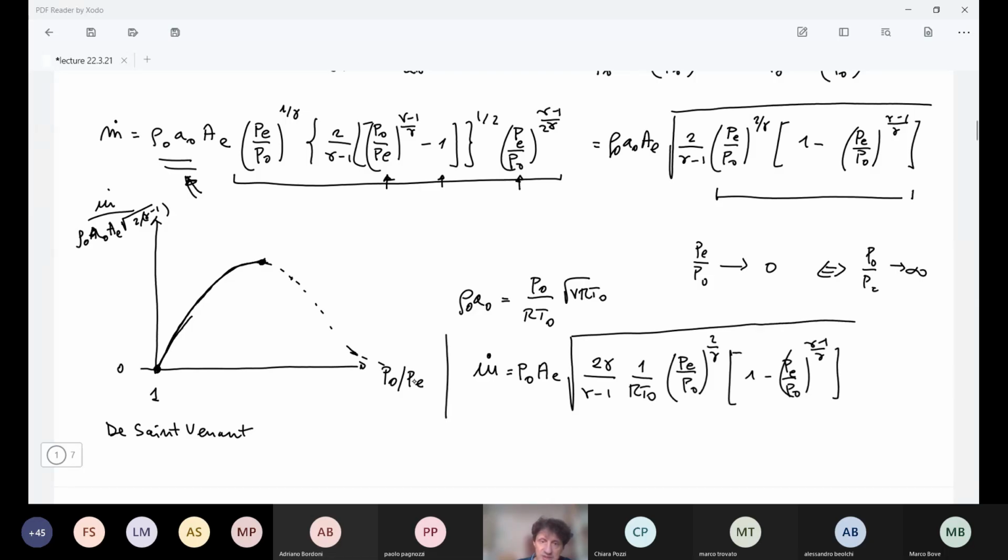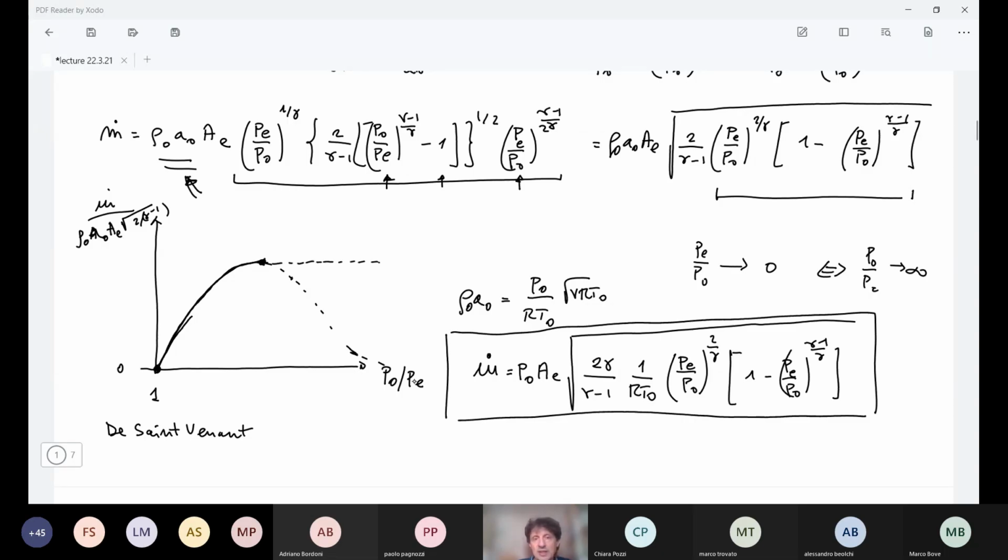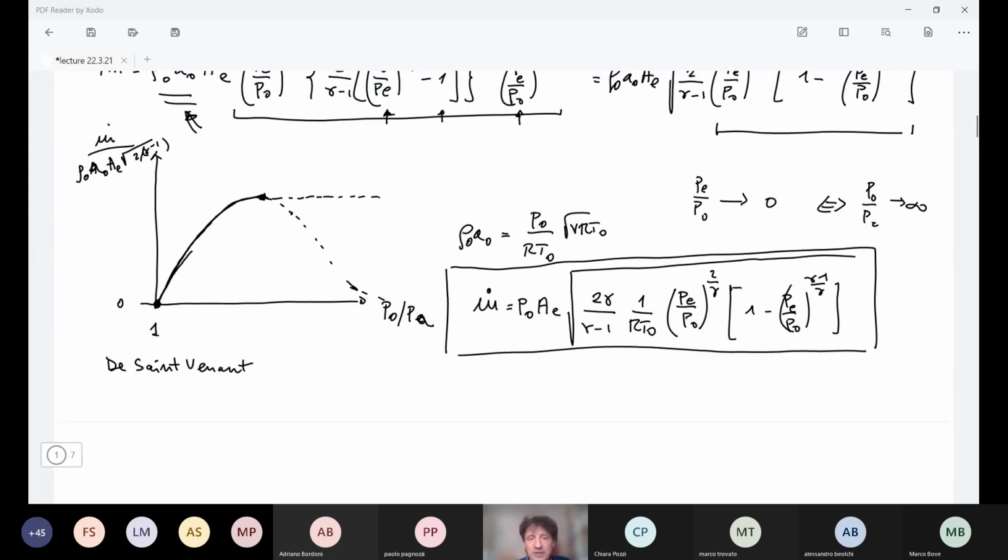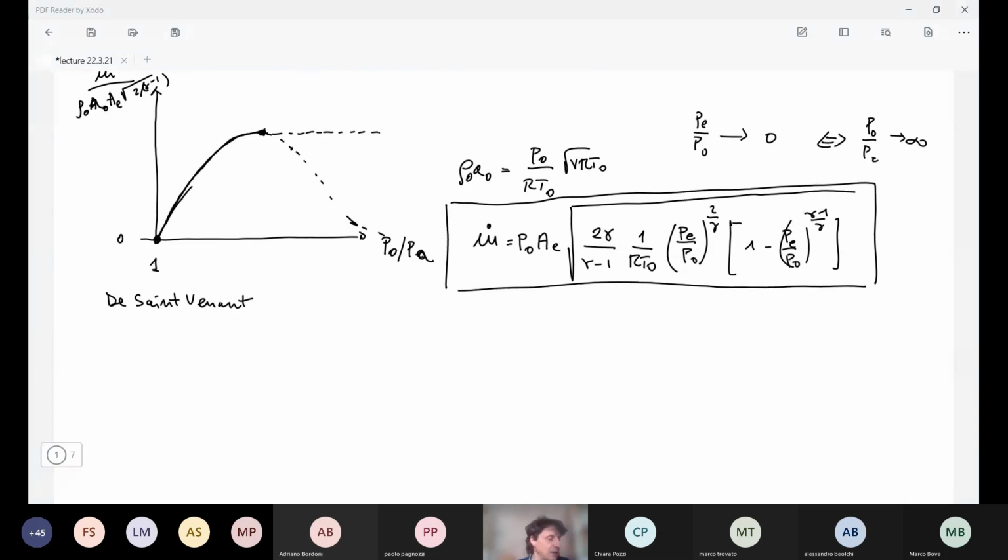So this is the de Saint-Venant equation, which is plotted in this way, where we find a maximum value. If we further decrease the ambient pressure, we reach a maximum mass flow rate for a given value of the ambient pressure, and once we have reached this maximum, we cannot go further.